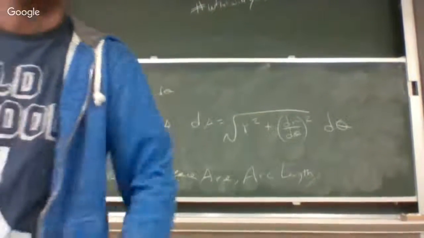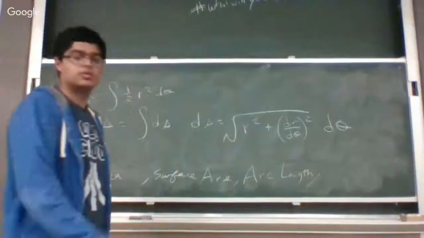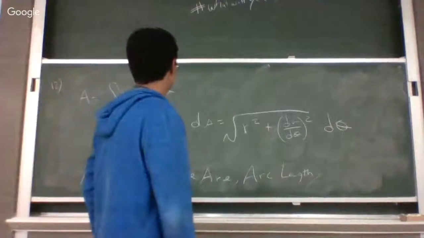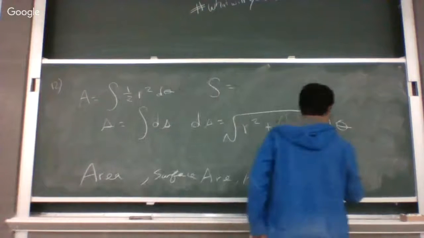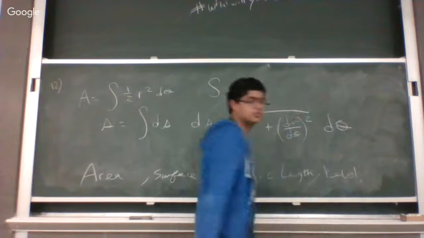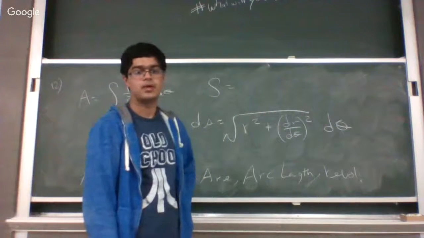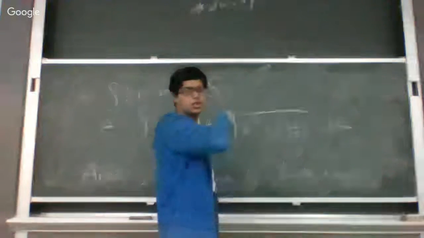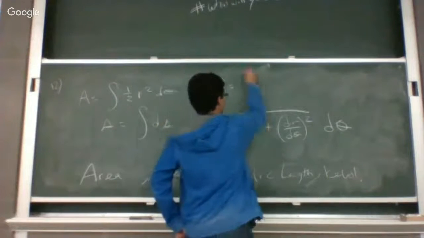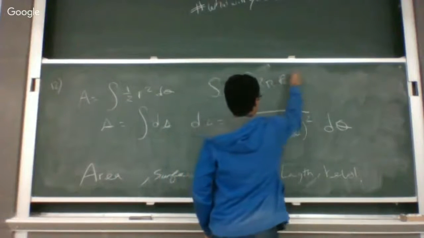And then surface area is the integral of 2 pi r. The surface of revolution, so that's a capital one. Surface area and surface of revolution are not the same thing. It's really just area; this is area.